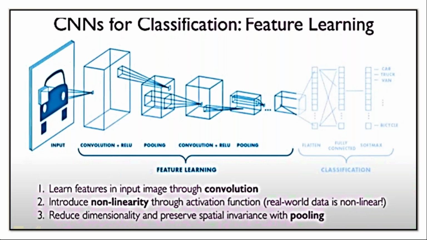As I told earlier, flatten is nothing but it converts your pooled feature map into a single column. See here, the image contains a single column. So you are converting your feature map into a single column and passing it on to the fully connected network. That we call flatten, right? So flatten is nothing but what?